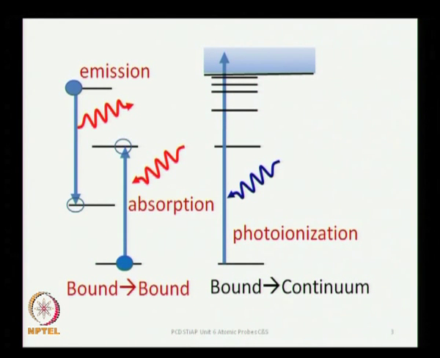Of course it could happen that a bound to bound transition is degenerate with bound to continuum, and when that happens you have resonances, okay, because it is like two processes which are accessible to the system at the same energy because they are degenerate, and then it is almost like a Young's double slit experiment, that you have got the possibility of light going through slit 1 or through slit 2.